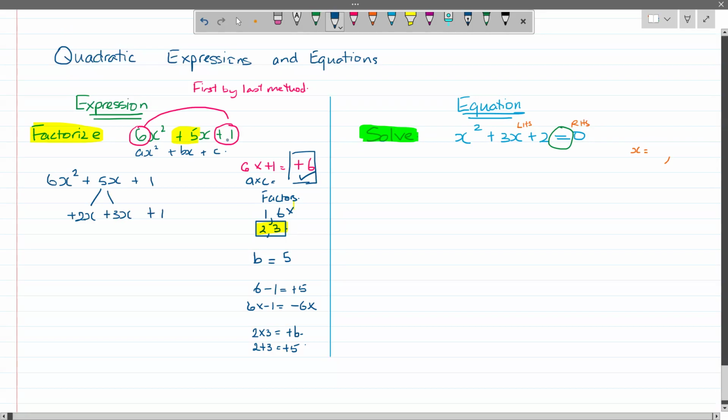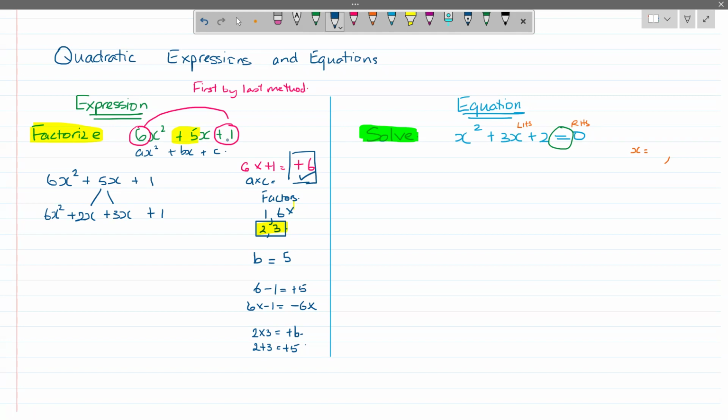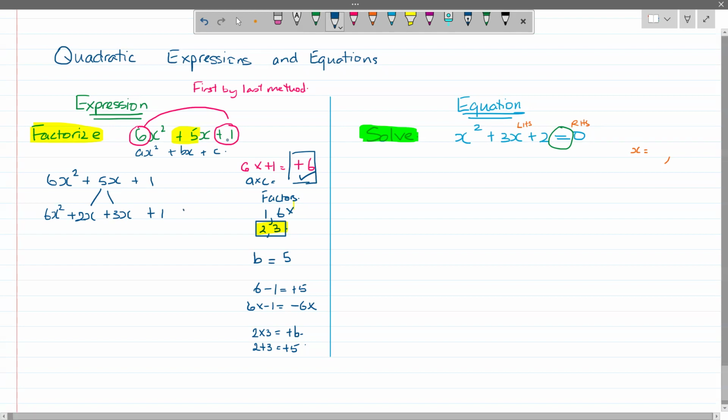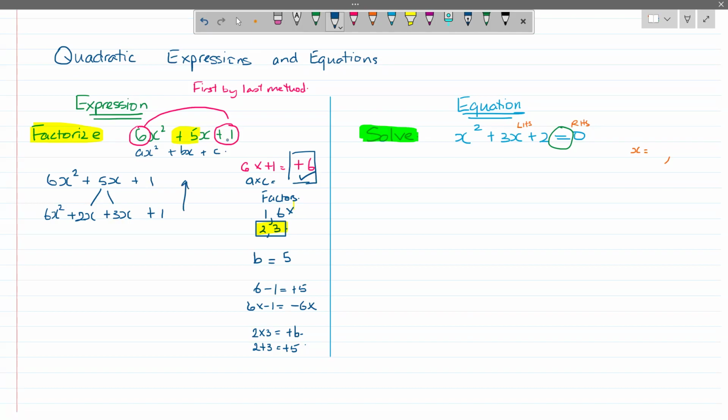This remains the same, plus 1. This remains the same, 6x squared. So what I'm doing is rewriting the quadratic to have 4 terms instead of 3 terms by splitting the middle term, finding another way to write the middle term. I'm not changing the expression because if I add 2x and 3x, I will get 5x. It will just go back to what it was initially, right?